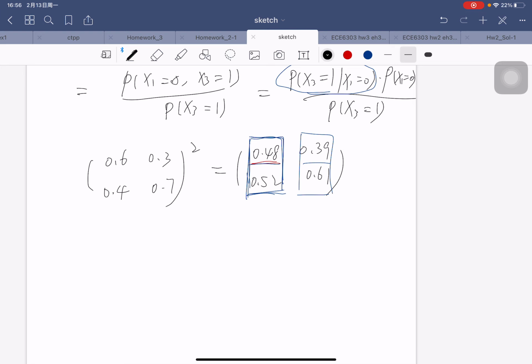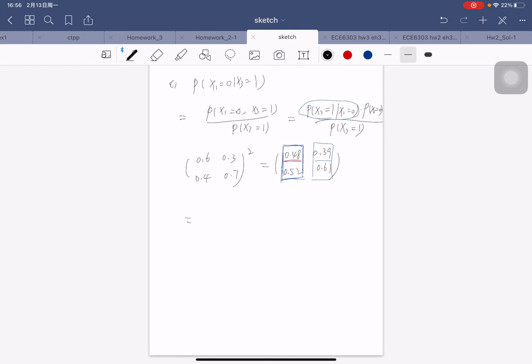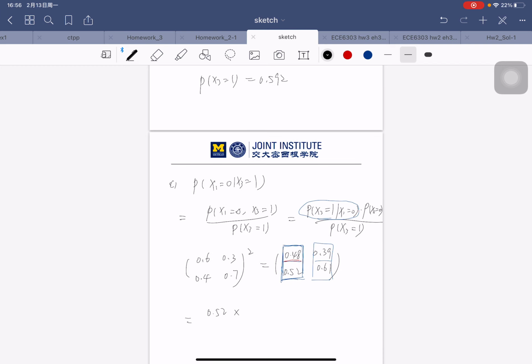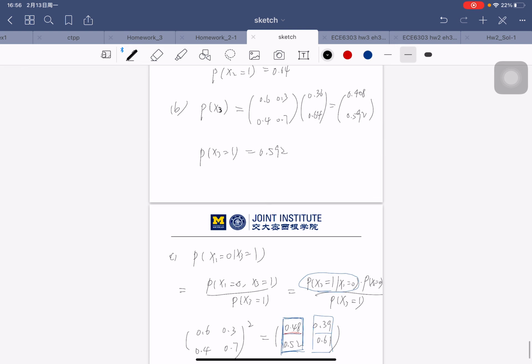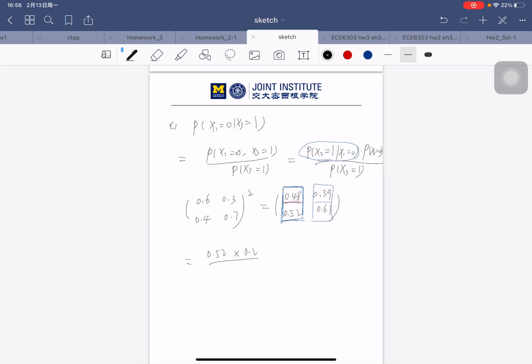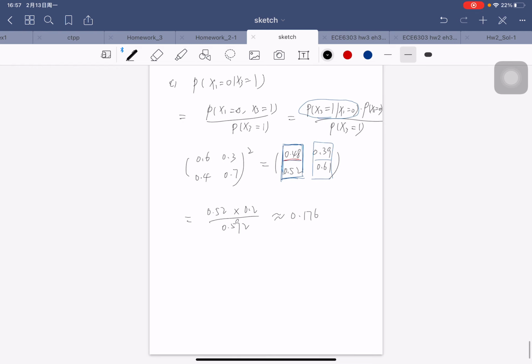So we will know the answer is 0.52 multiplied by the probability of x1 equals 0, which is 0.2, divided by the probability of x3 equals 1, which we calculated in the former problem. So it will be approximately 0.176.